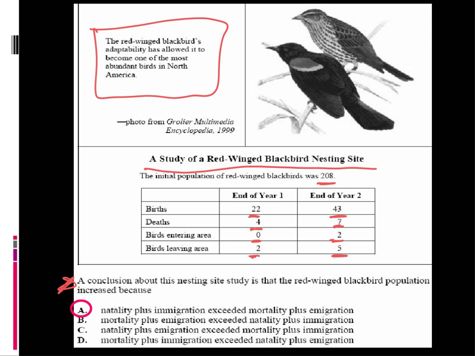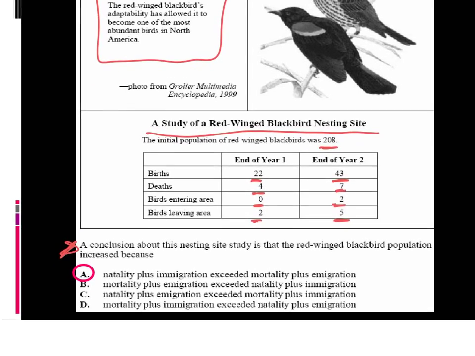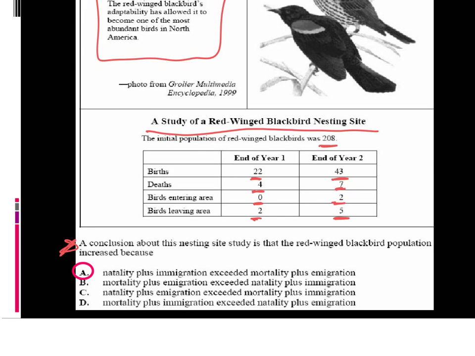let's move this up. We have the answer choices given. So, natality plus immigration exceeds mortality plus emigration. If we look at that right now, we have births of 22 our first year and 43. That is substantially higher than our death rate, which is right here. And we have immigration and emigration.